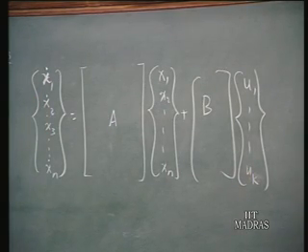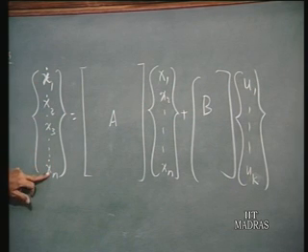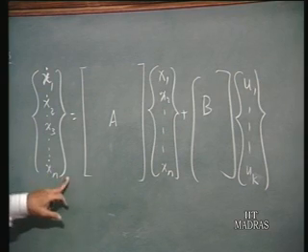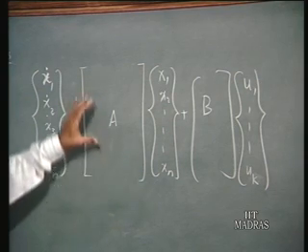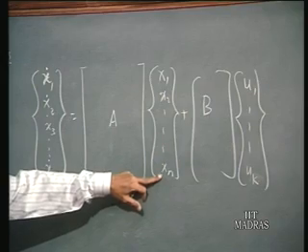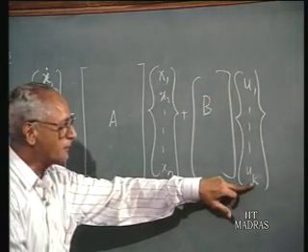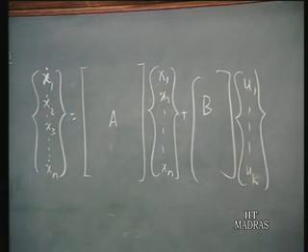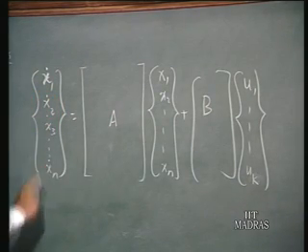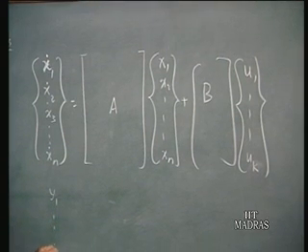So, to solve for the state, we form an equation like this. The derivatives of the various state variables expressed as a vector is obtained as the solution of this equation, where there is a matrix A multiplying the state vector x1 to xn plus a matrix B multiplying the input vector u1 to uk.